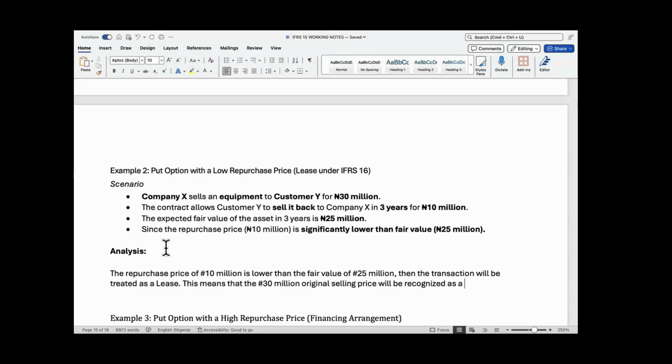The lease is a liability. That's correct.